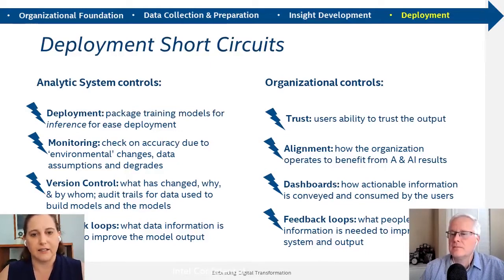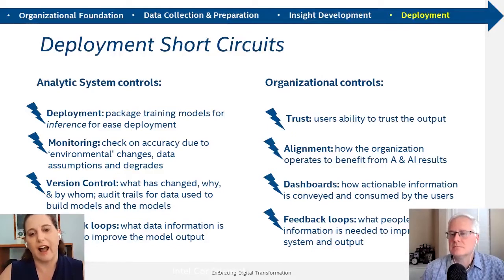The analytic system controls are really about how you can package up the models that you've trained and then put them in, so that essentially you're able to answer the questions you want easily. So you're taking a model and actually putting it in and feeding data through it as needed. But there are also some other things that have to go around this deployed model, which is monitoring.